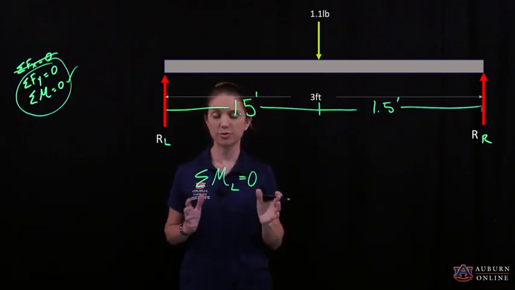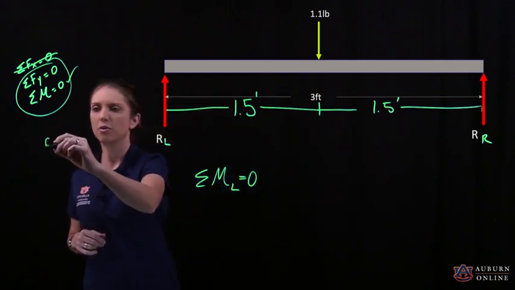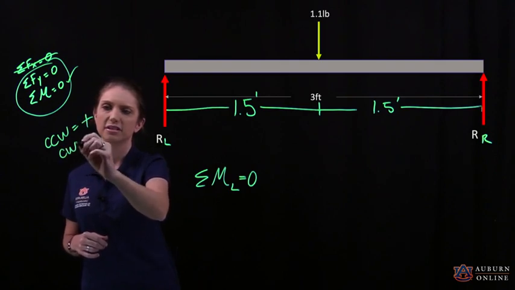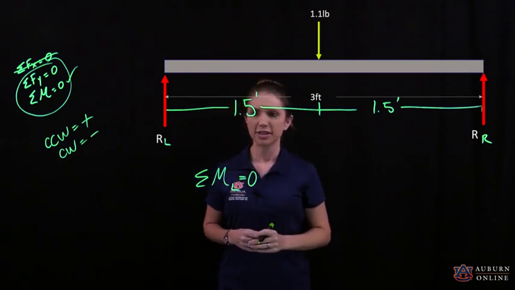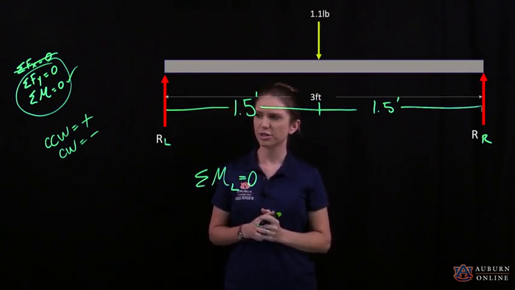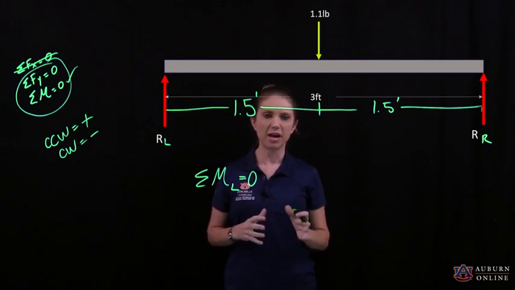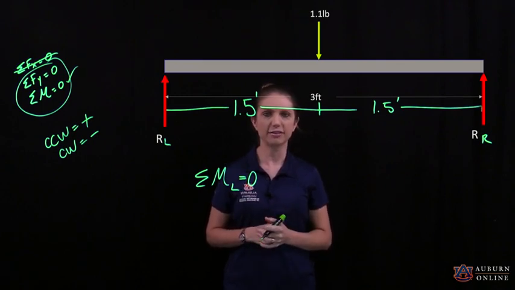And as sort of a review, we typically take the approach that moments in the counterclockwise direction are positive, moments in the clockwise direction are negative. And again, we could use just the opposite of that. Some textbooks use the opposite approach, but we'll take the approach that counterclockwise is positive, clockwise is negative, and as long as we're consistent, we'll come to the right answers here.